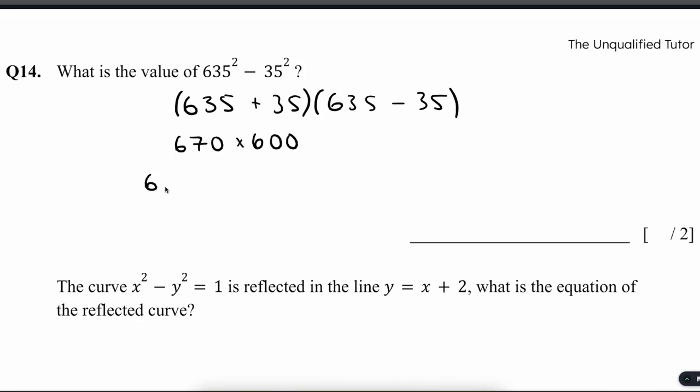So we really only need to do 67 times 6 and then multiply by 1,000 at the end, because we've just crossed off the 3 zeros. Add on the 3 zeros at the end, so that's 2, 42, 36 makes 0, 40. So that's 402 times 1,000, so our answer is 402,000.